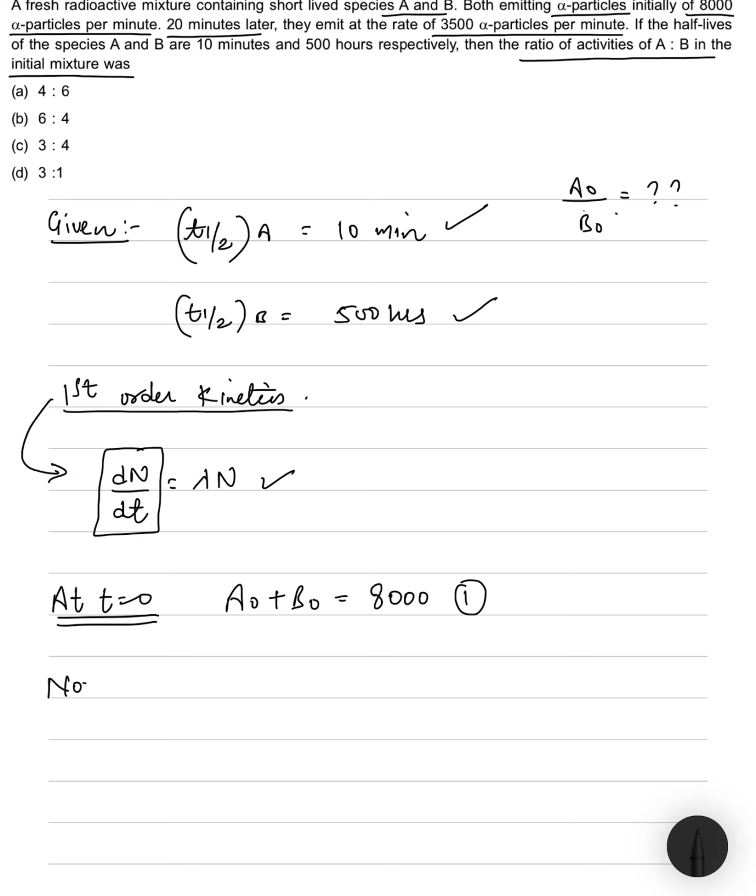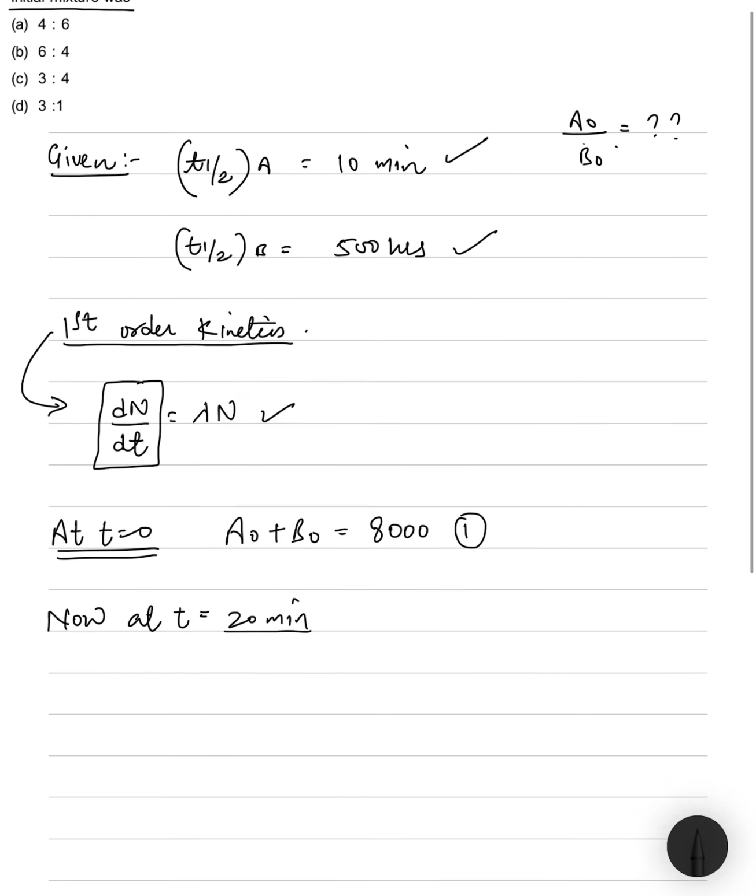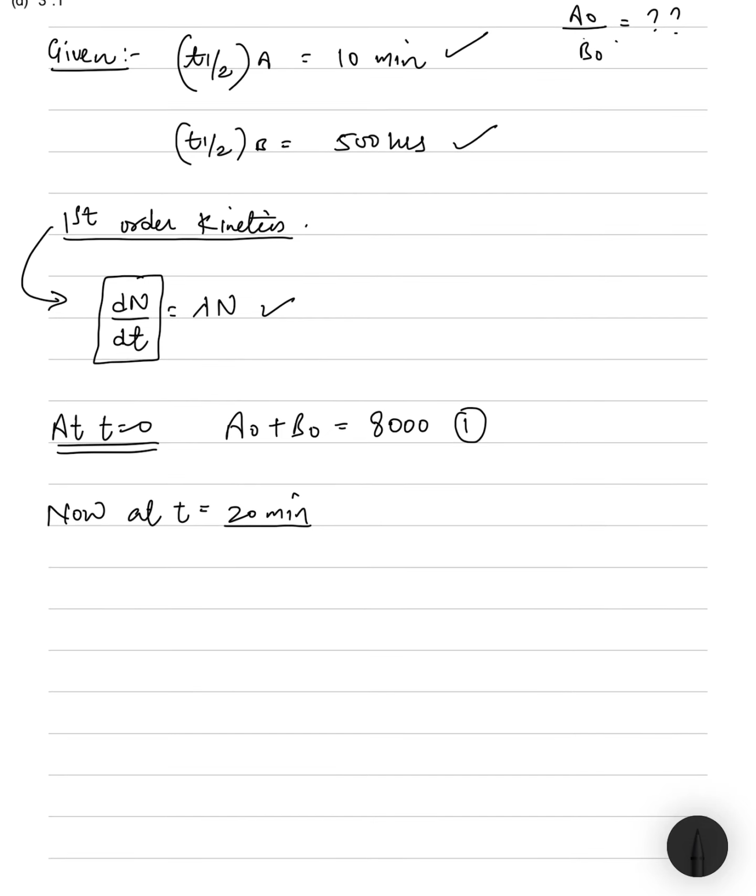Now, at T equal to 20, that is after 20 minutes. If you look at half-life of A, it is 10 minutes, right? And we know, according to the first order kinetics, number of half-lives is equal to, how do we calculate the number of half-lives?